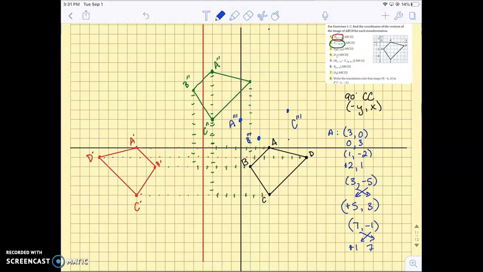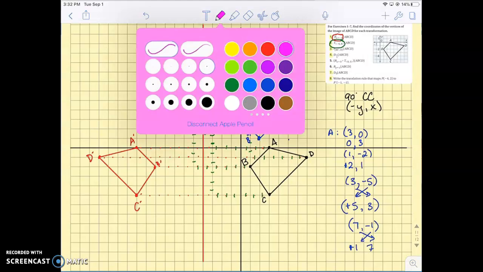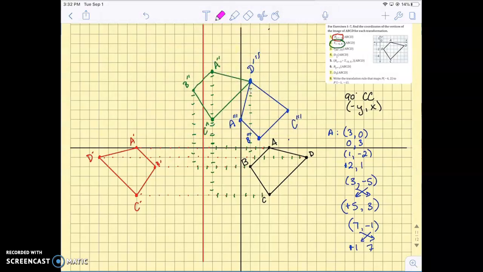So it's going to be at 1, 7, which happens to be here. Remember how we check this. We're going to draw a line from D to the origin, and then from the origin to the other D, and it makes a right angle, so I know I did it right.